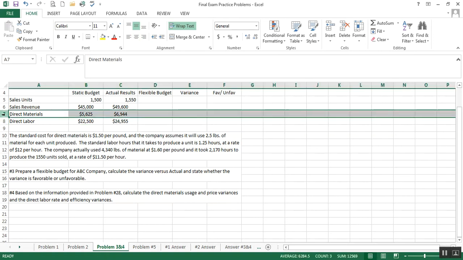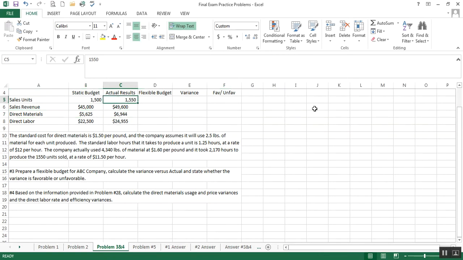We need to remember that direct materials are looking at the amount of the raw material, not the amount of units. So in this case, if we were looking at usage, it would be 2.5 pounds times the units that we're looking at. Our actual results tell us that we actually sold 1,550 units.